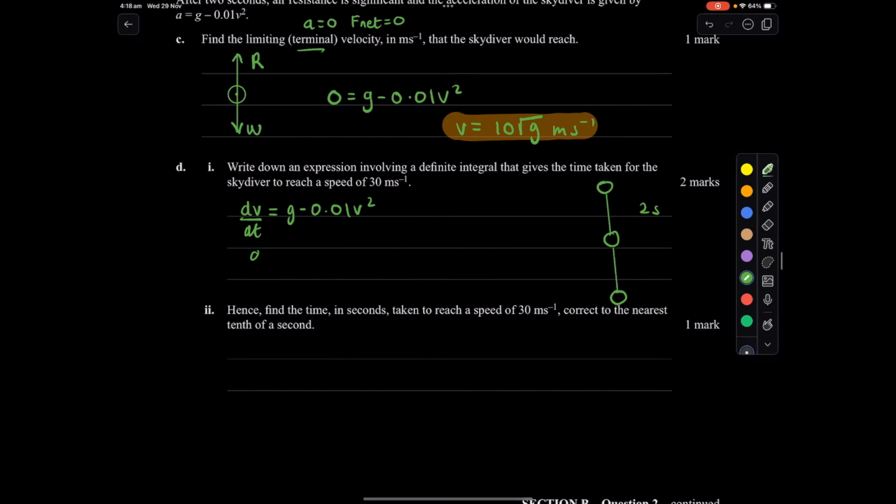And if we rearrange it, so reciprocate it, dt/dv is just 1 over g minus 0.01 v squared. And now it's easy, because if we just integrate it, it will give us the time. Integrate in terms of dv, so 1 over g minus 0.01 v squared. It's actually very small, so let me make it very big.